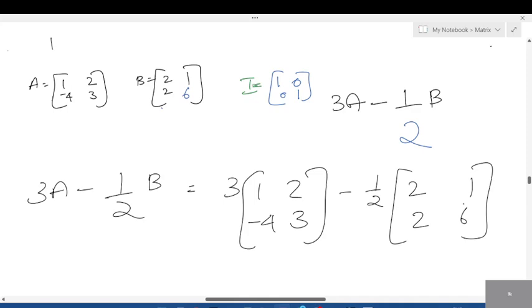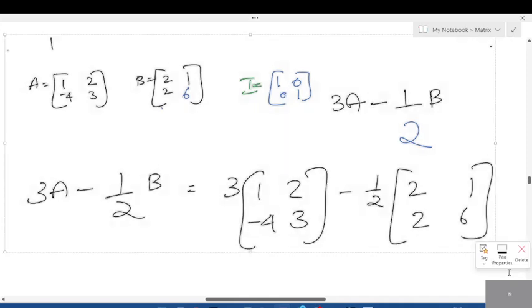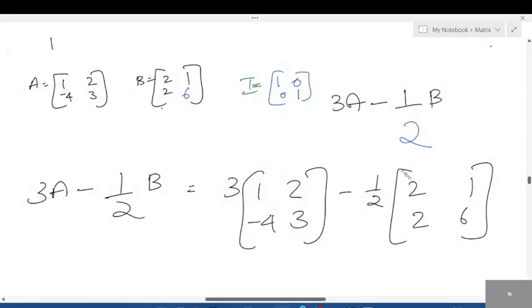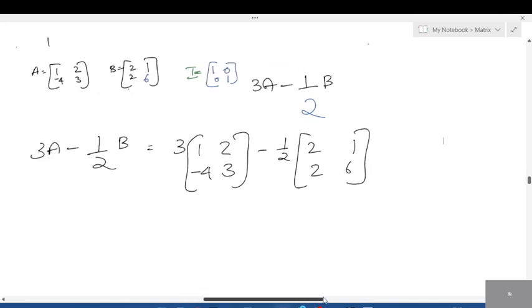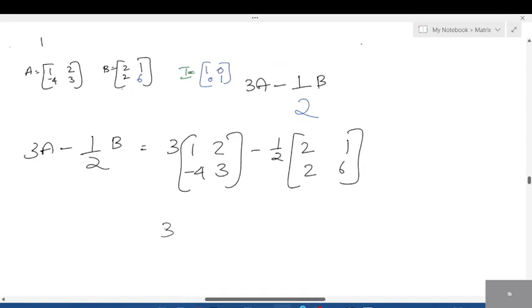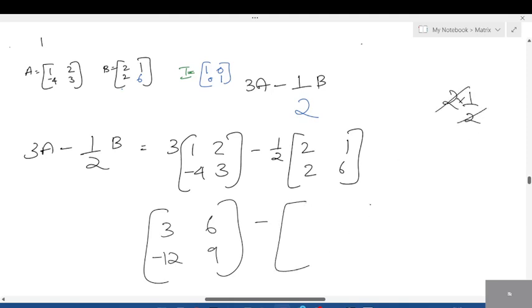How do you solve this? You multiply. What's the answer?